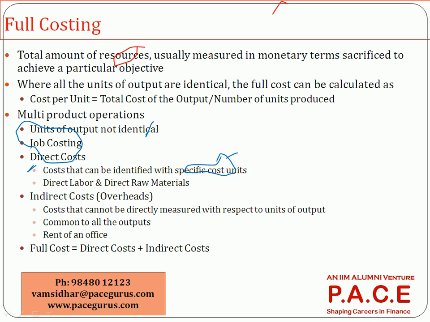But you may have to think through various workarounds to arrive at the same for indirect costs. Whenever we use the word full costs, we add up the direct costs and the indirect costs, either on a per unit basis or on an overall basis. The total full cost of a particular product is a sum total of the direct costs as well as the indirect costs.